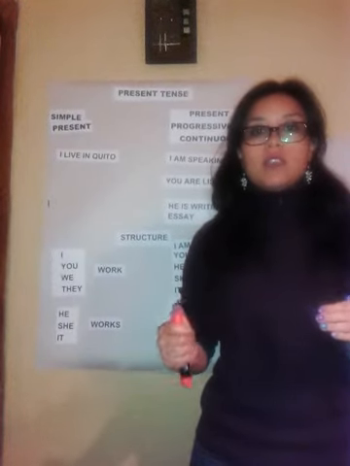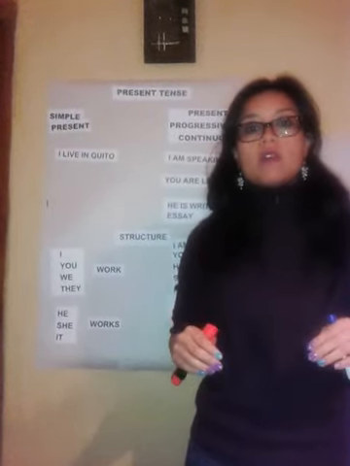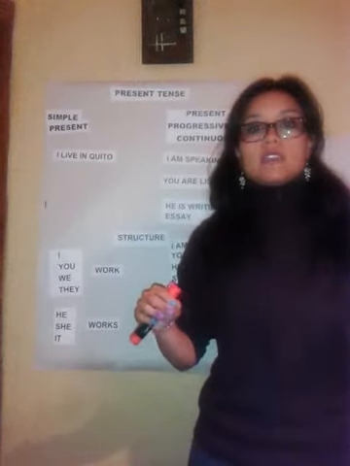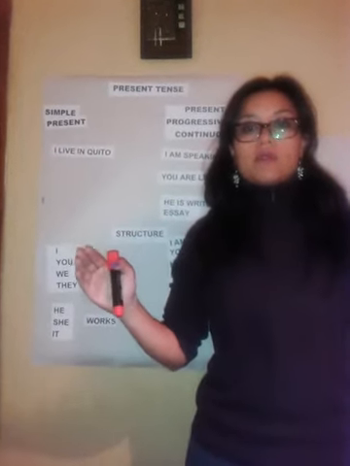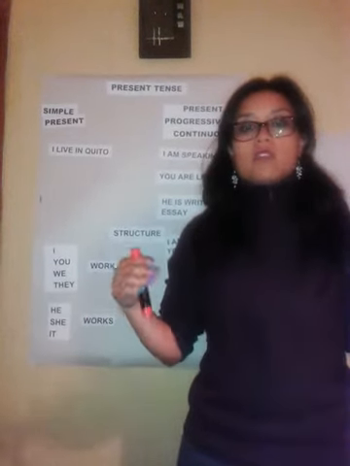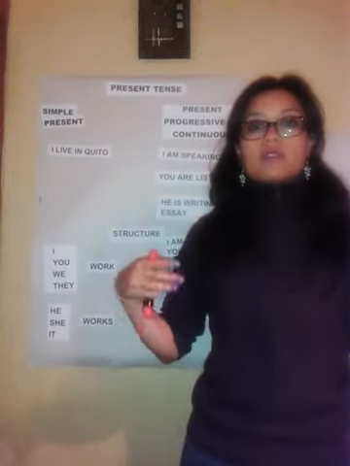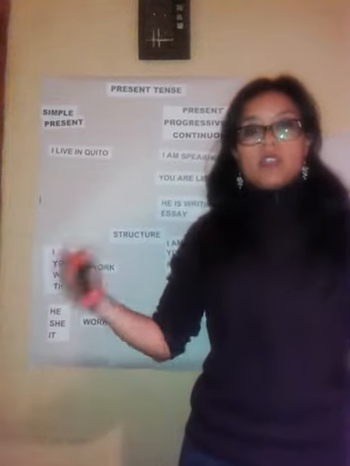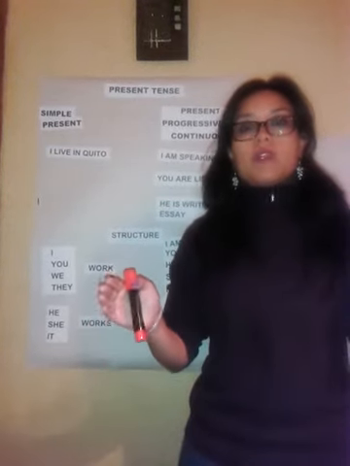It doesn't mean he is writing the book right now, but it means that he's writing the book in a temporary period of time. It can be 2 minutes, 4 minutes, an hour, 2 hours, 1 year, 10 years. It's a temporary period of time.